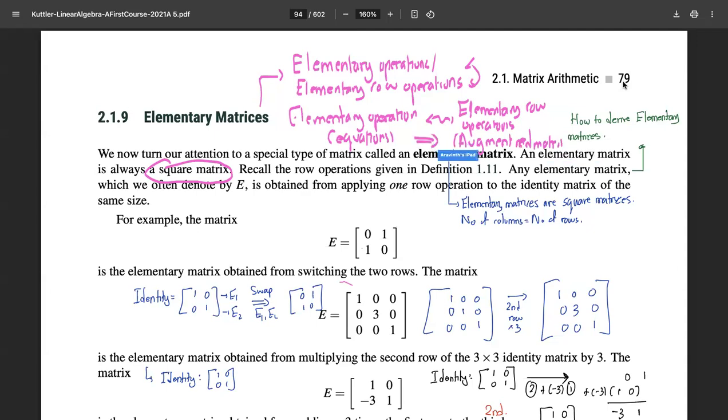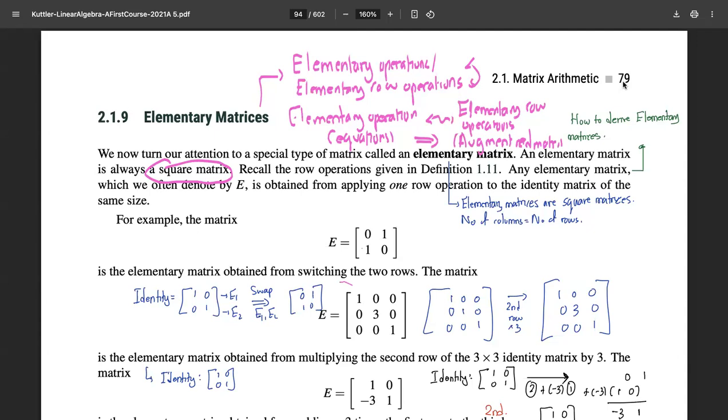With elementary row operations, we register the information, like we write down what we want to do: we are going to multiply the second row by k, or swap the first and second row, or add 2 times the first row to the second row. So we are writing them down explicitly.